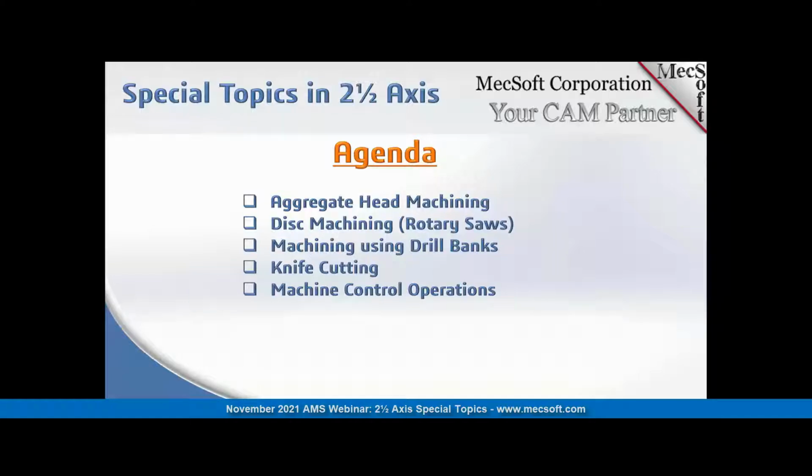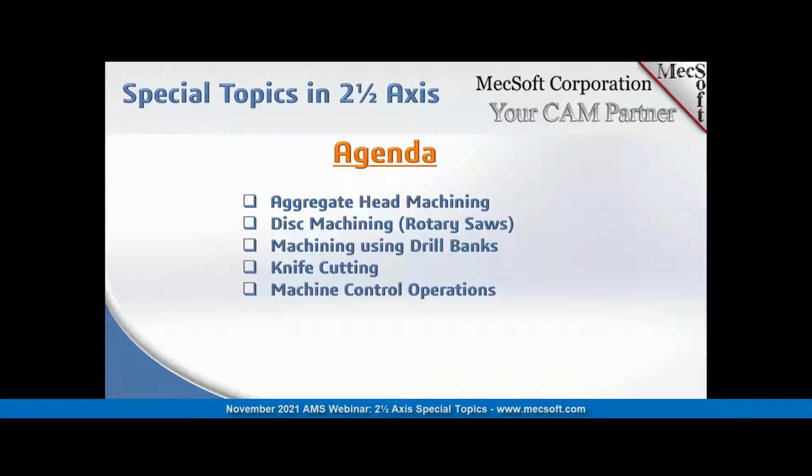Okay, as I mentioned, in this webinar we're covering special topics in 2.5 axis. Now, not all users will be utilizing these topics, but if you do, then you're going to want to refer back to this webinar because it'll give you some really good information. We're going to cover two types of aggregate machining.